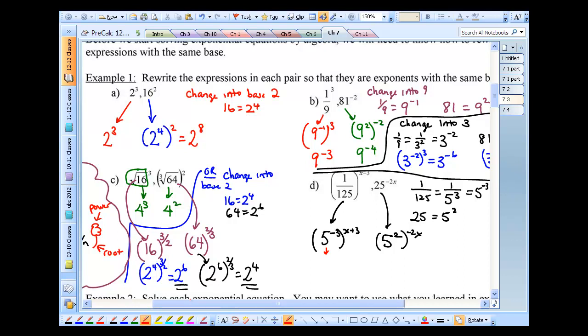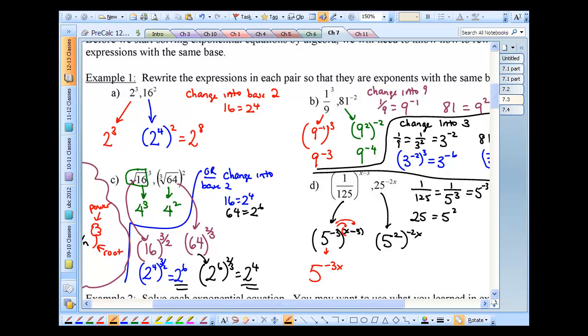So for this one, the base is 5. We're going to multiply together, which means we're going to distribute. So that'll be negative 3x minus 9. Okay, distribute the negative 3 into the x plus 3 binomial. Oops, sorry, that's x minus 3 binomial. Getting tired here. x minus 3.